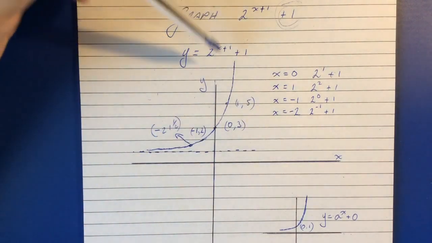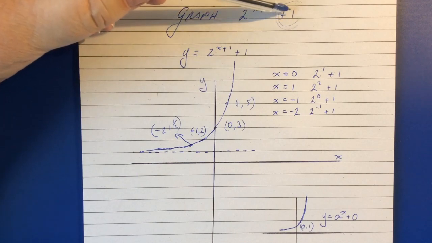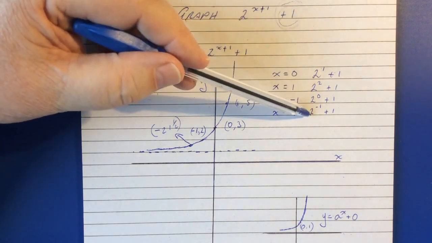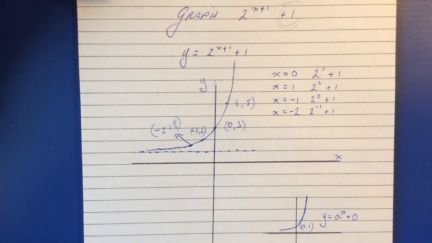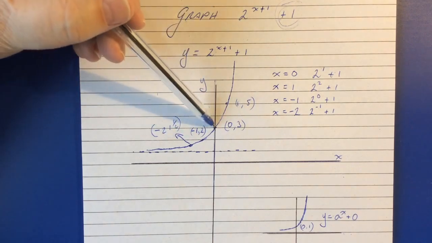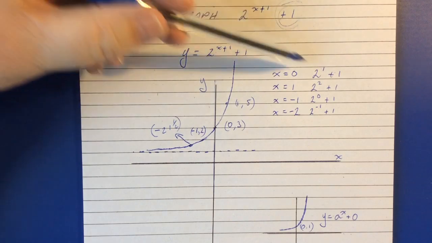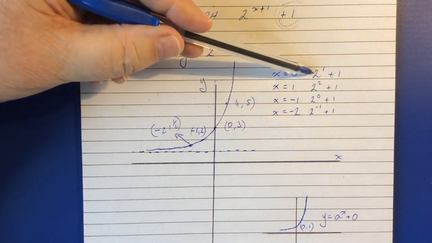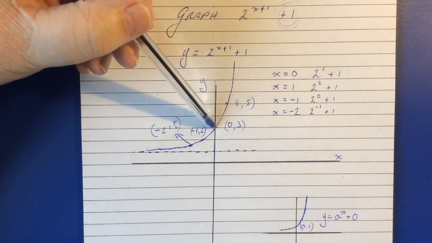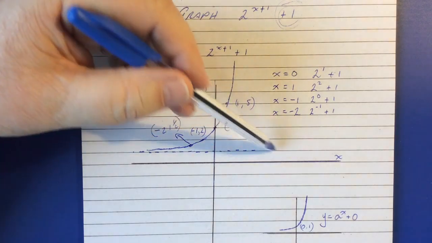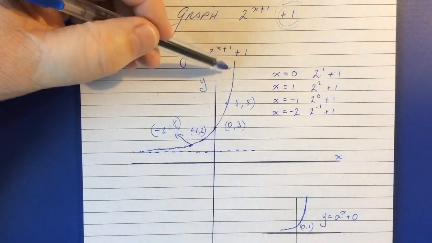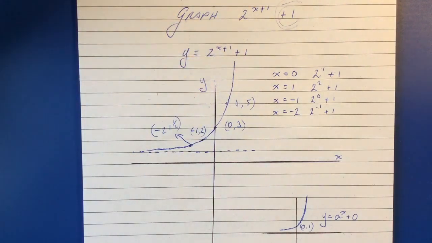And so if you were going to graph this without going through all of this, the two things that are important are, what is the y-intercept? That simply means putting 0 into this equation and discovering the value of the function at 0, which in this case is 3, and the location of this asymptote. And if you were asked to sketch this with the various points of interest, those would be the 2 points of interest. Anyway, that is the graph of y equals 2 to the power of x plus 1 plus 1.